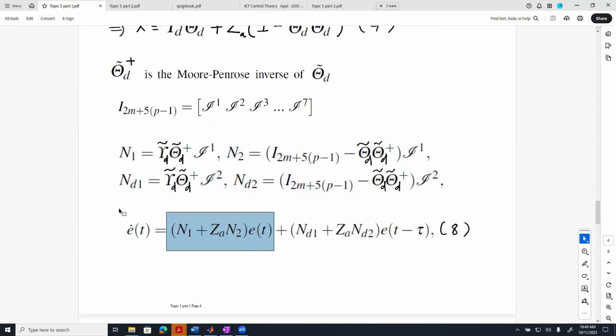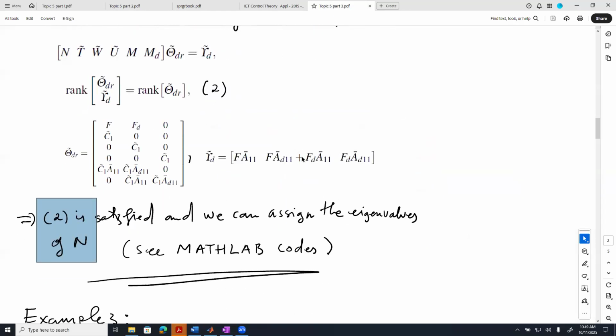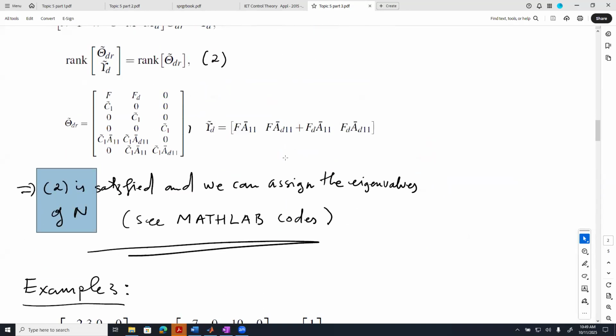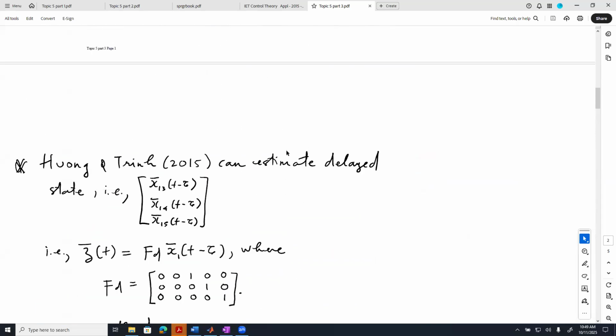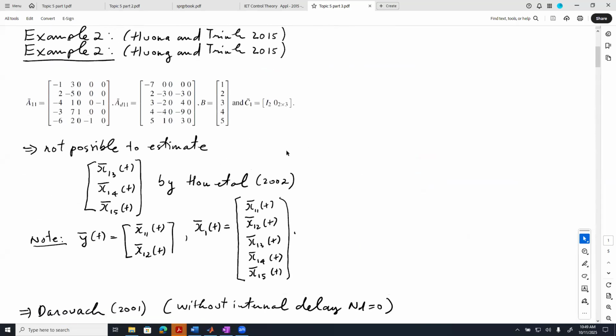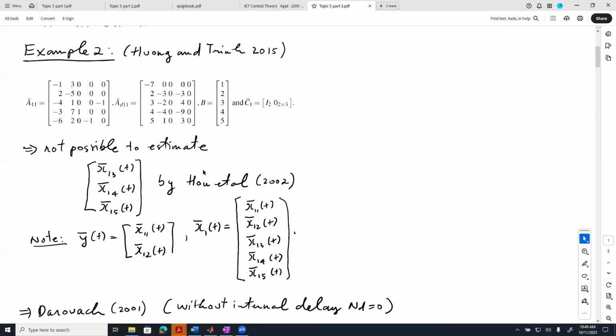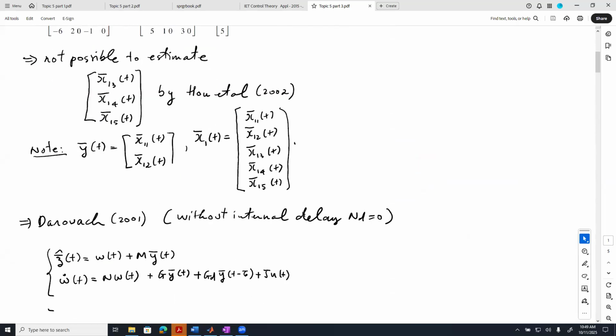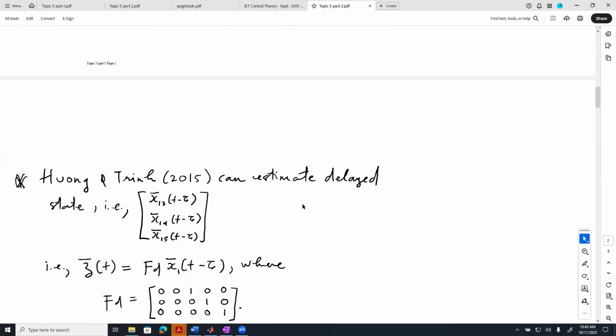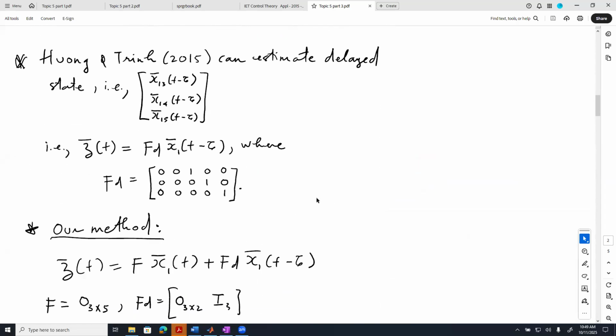So the error dynamic equation is simply this bit here, so it's actually independent of the time delay. So we basically say that, look, if we want to deal with the issues of delay version of the unmeasurable state variables for this example directly, we can apply our generalized functional observer design method.